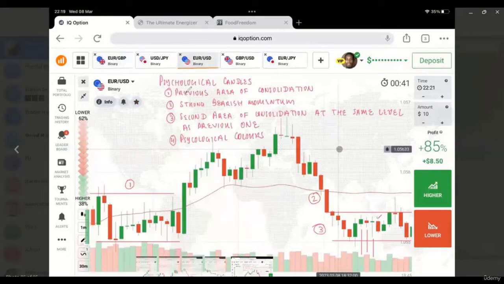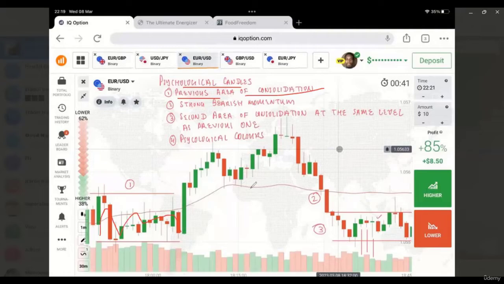Here is a psychological candle, previous area of consolidation. But the condition of the market is not good. You must follow this type of rejection, upper rejection, lower rejection, very volatile. When this candlestick started forming, the market condition was very fast.